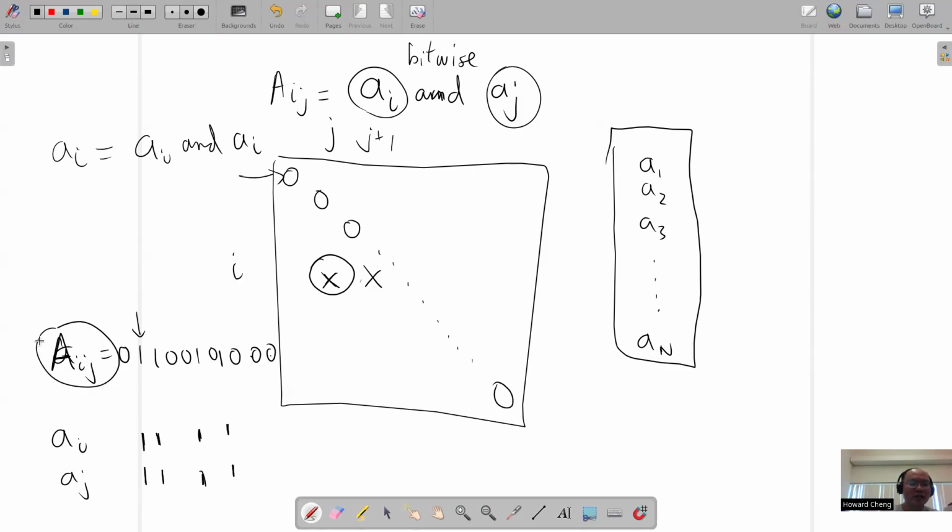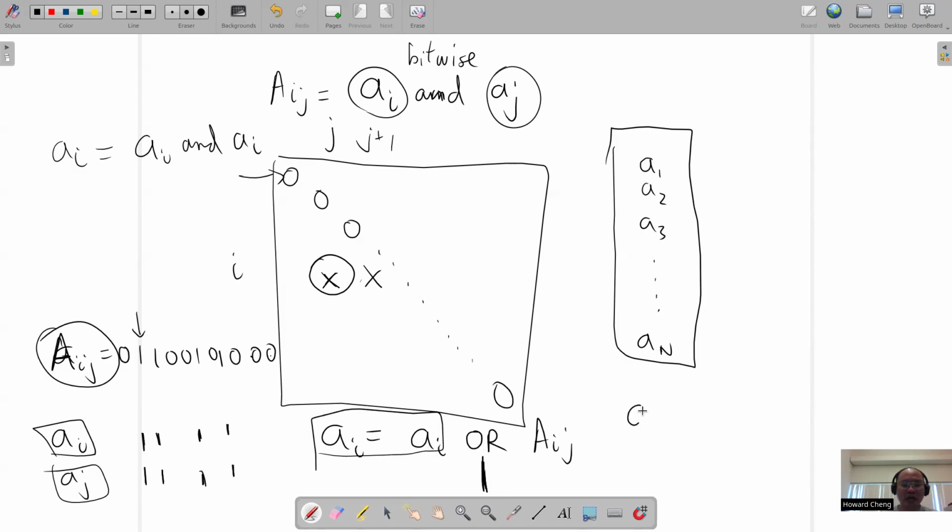I look at AIJ and turn on the corresponding one bits for little AI and little AJ. How do I turn that on? All I have to do is say AI equals AI bitwise OR AIJ. How do I do bitwise OR? It's a single vertical bar. In fact, I can even just say AI vertical bar equals AIJ like this. These are the bits that must be turned on.